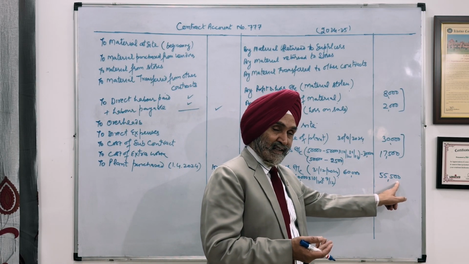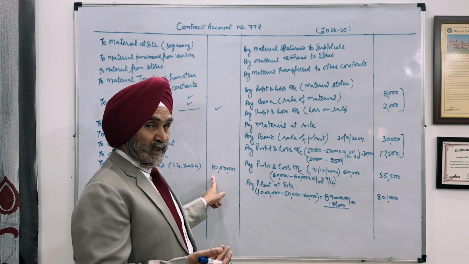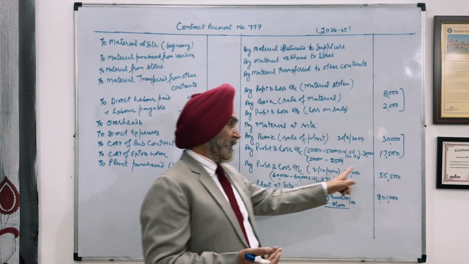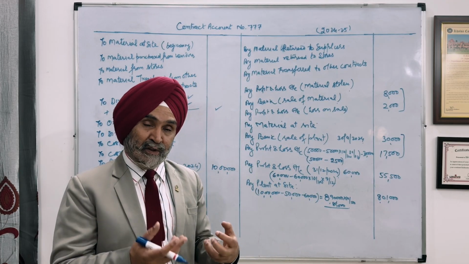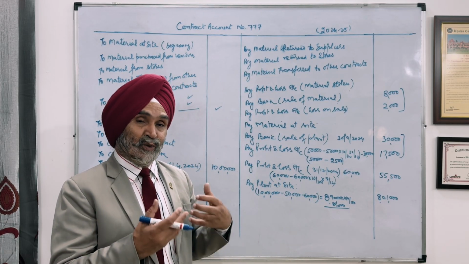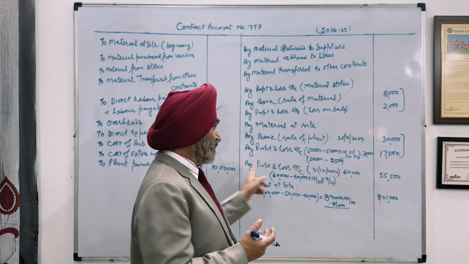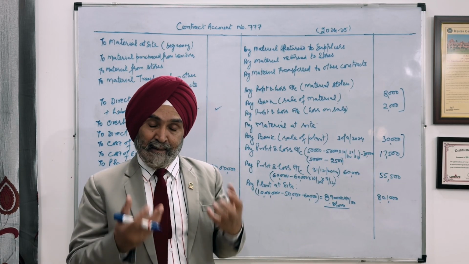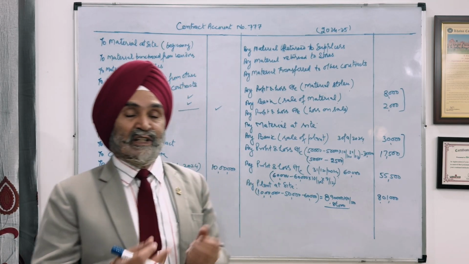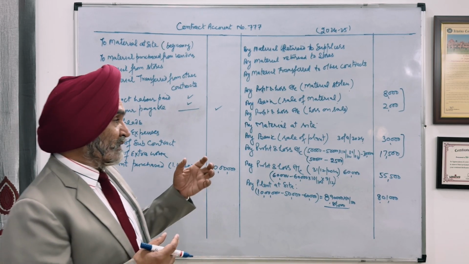55,500 on this side, 60,000 included in this. 60,000 minus 55,500 is the 4,500 depreciation on the plant stolen. 50,000, 47,500, 2,500 is the depreciation on the plant sold.